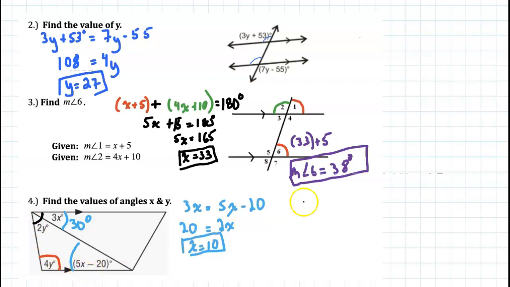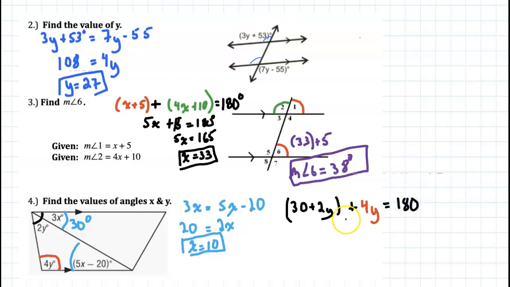So we've got 30 degrees plus 2y. That's our first angle, right? Plus, and I'll put it in red, the other one, 4y. That's going to be equal to 180 degrees.